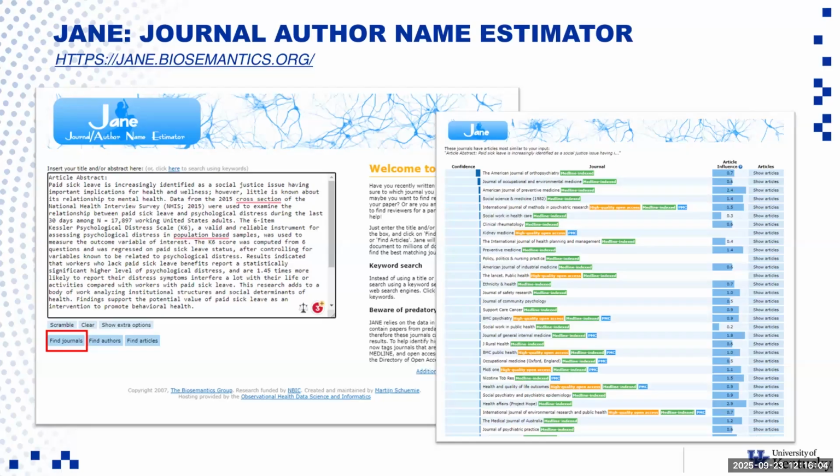The results are ranked by the confidence score, and the journal's influence scores are also included in the results. So you can see here that based upon the abstract and title that I entered, it's going to recommend these types of journals. It will also tell you if it's Medline indexed, which is really nice to make sure that it's indexed in one of the databases.